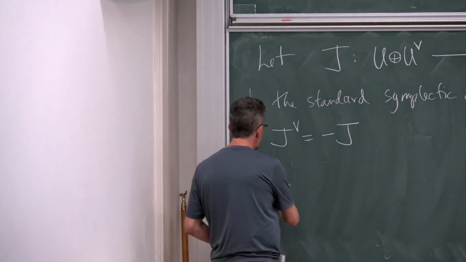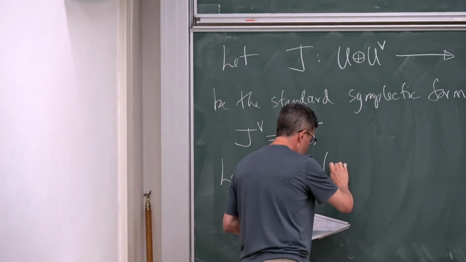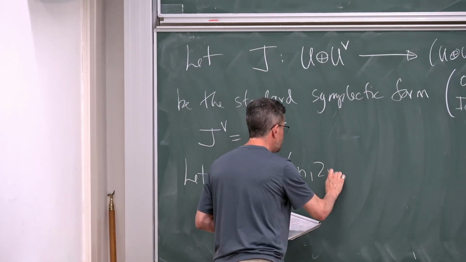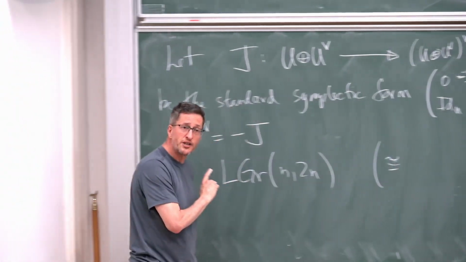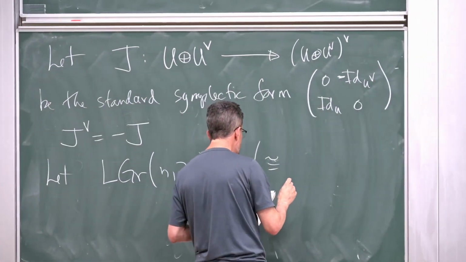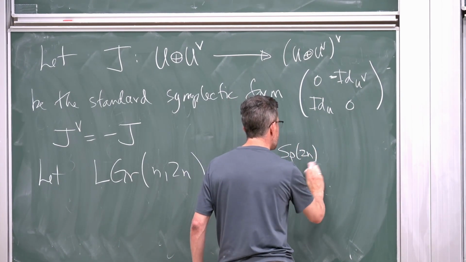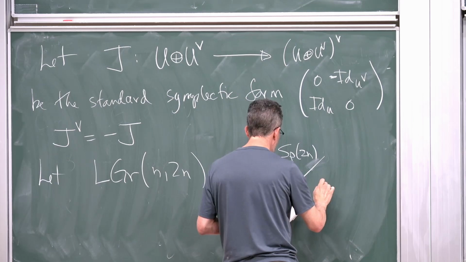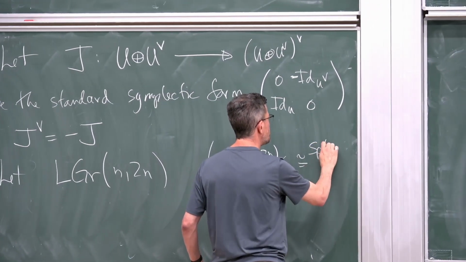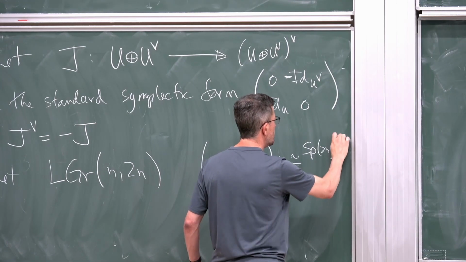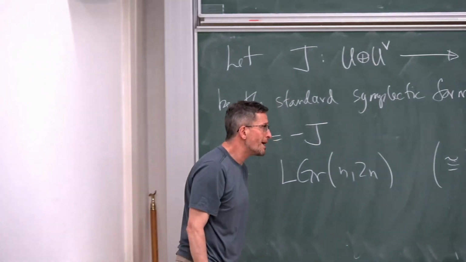And let's let LGr(n, 2n) be the Lagrangian Grassmannian, which if we write in compact notation is Sp(2n) mod U(n), or if we're writing it algebraically, this is Sp(2n, C), or whatever field, divided by a certain parabolic that contains this U(n) as a maximal compact.